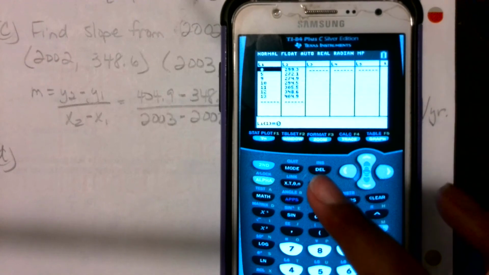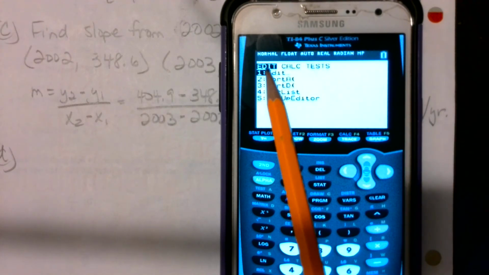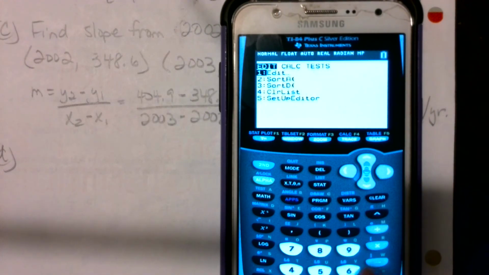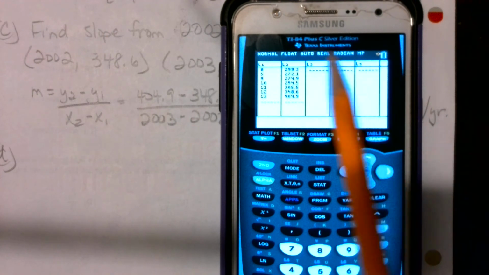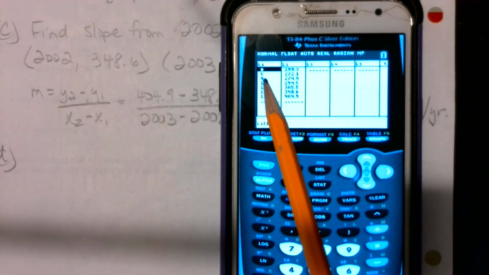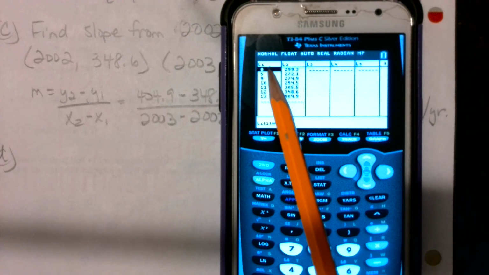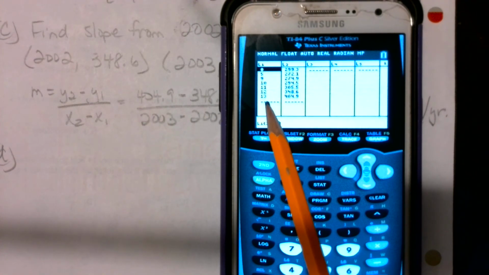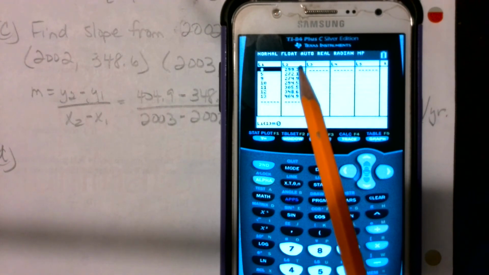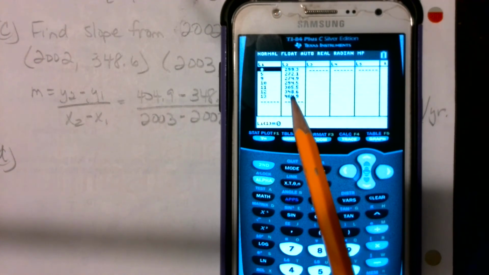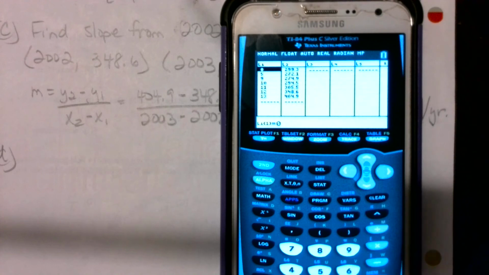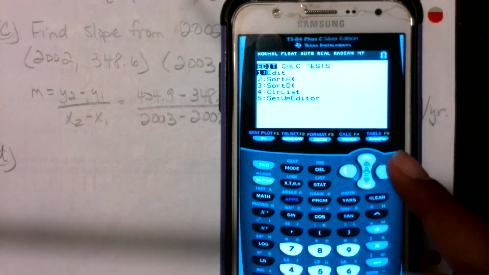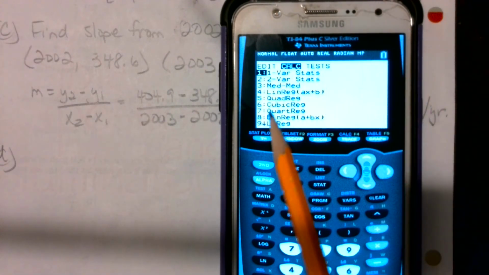by pressing stat, I don't know if y'all remember how to do that, but you press stat and then press 1, and then 0 through 13 is starting at 1990 to 2003, and then put your Y values in from the textbook. And then you press that again, go 1 to the right for calculate, and they wanted you to find the quadratic regression.